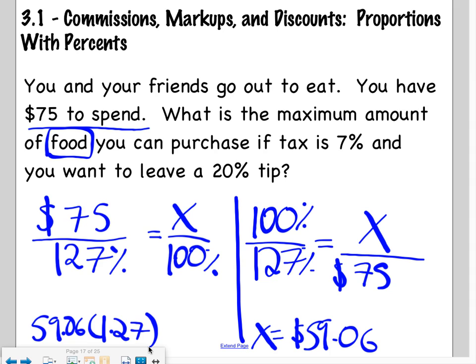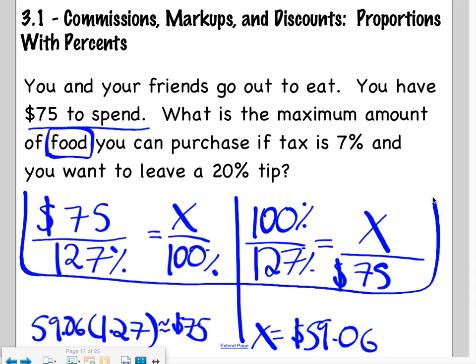And when you do that, it ends up being 75.0062 because of rounding, so it's about $75. Okay, so we know we did that right. You can also take $59.06, calculate the tax and the tip, and add that all together, and you'll get around $75. So the big thing here when you're doing these is make sure everything works in your proportion.